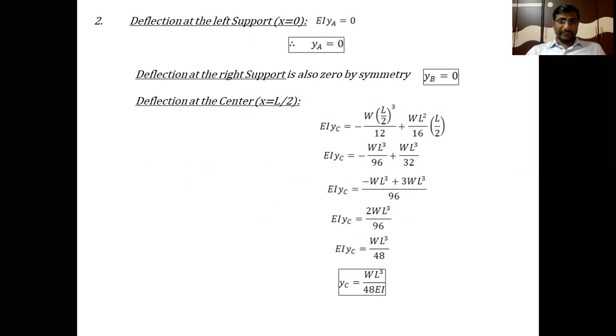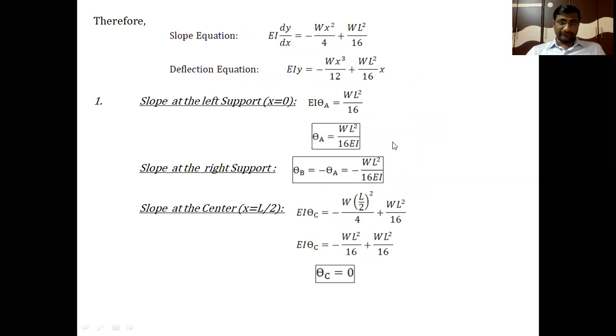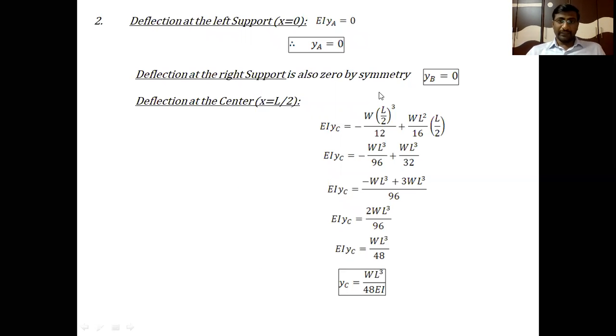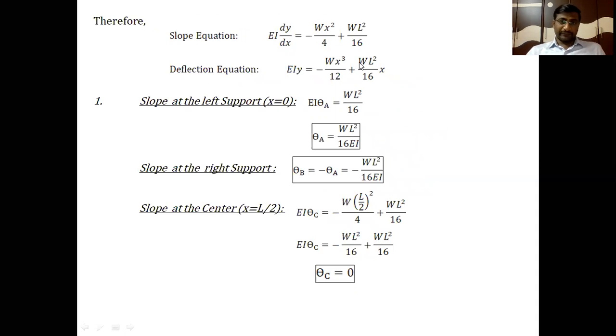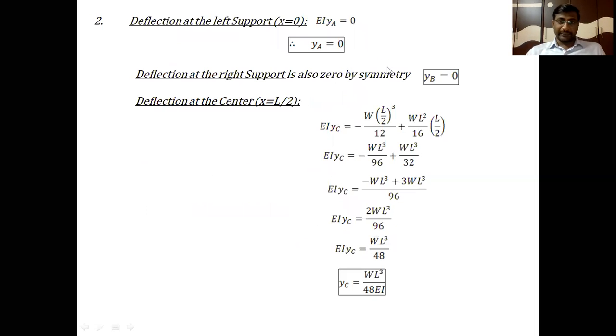We will get the deflection at C. So EI YC, YC is the deflection at the center point C. EI YC is equal to minus W by 2L, in place of x L by 2, L by 2 whole cube, plus WL square by 16, in place of x again L by 2, WL square by 16 into L by 2.